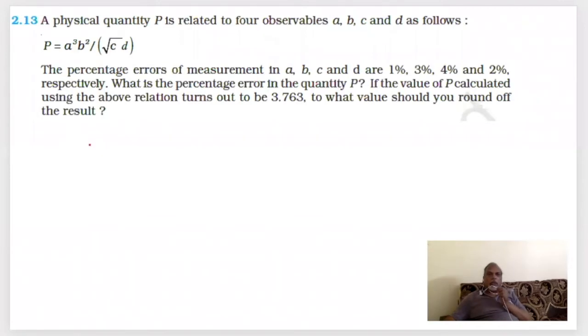It says a physical quantity P is related to 4 observables A, B, C, and D as follows.